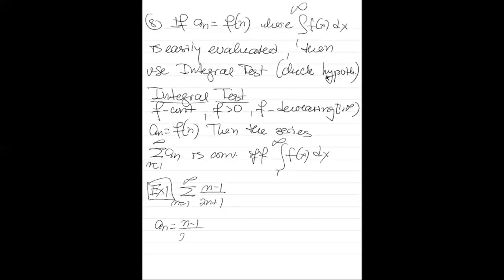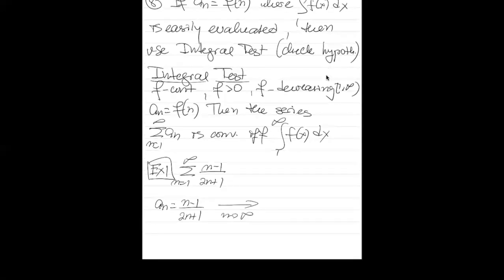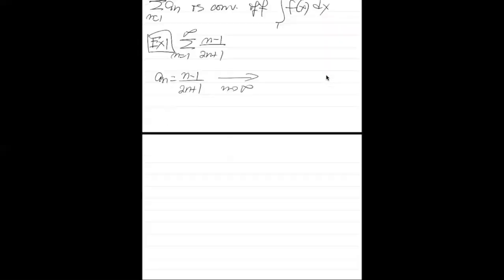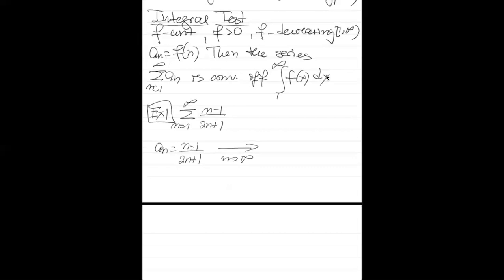If we let n go to infinity, it's very, very easy. Divide both numerator and denominator by n, and you get (1 minus 1/n) over (2 plus 1/n). Now we know what happens when n goes to infinity. That goes to 0, that goes to 0. So that's equal to 1/2, which is not 0. So if the nth term does not go to 0, use the test for divergence.